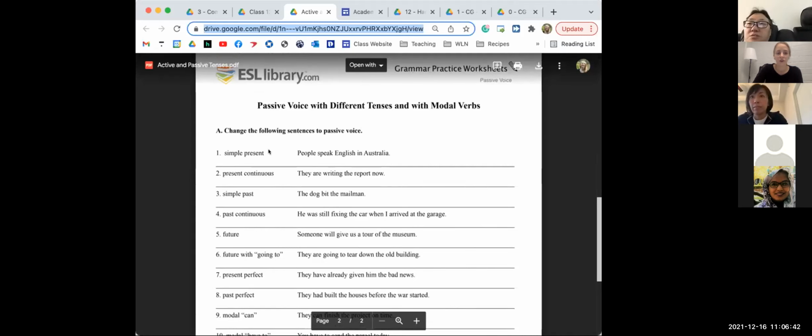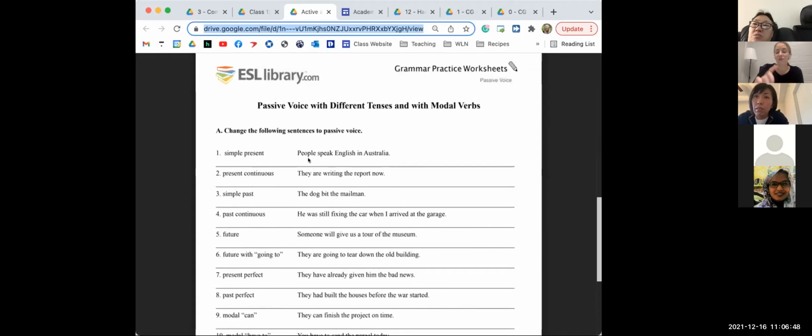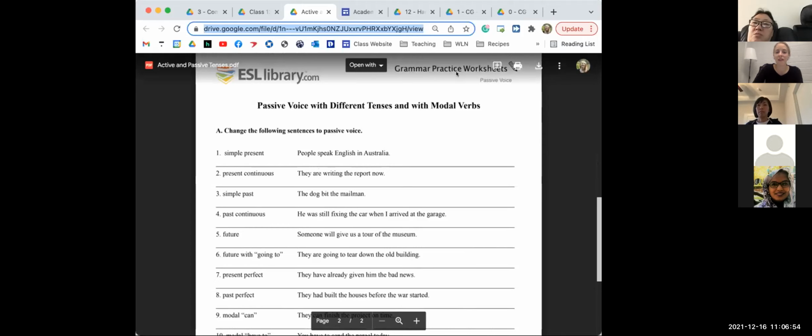On this page, you're going to see the verb tense and the active sentence, and you're going to create the passive sentence. So here it gives you the example, and you're going to change the sentence from active to passive. So people speak English in Australia.